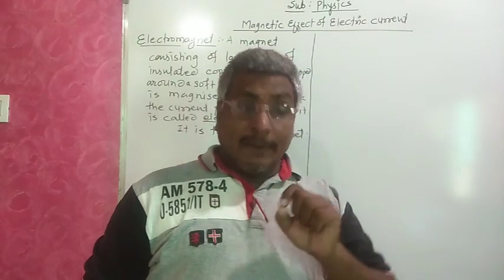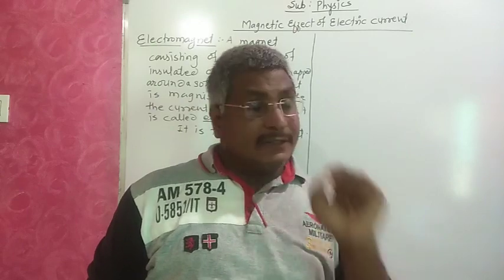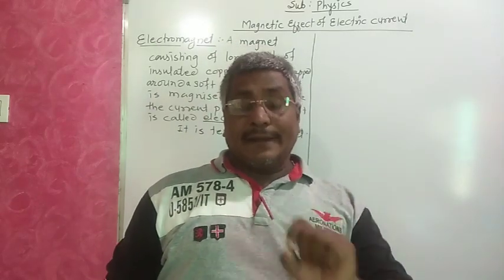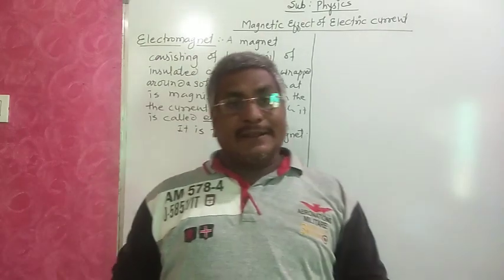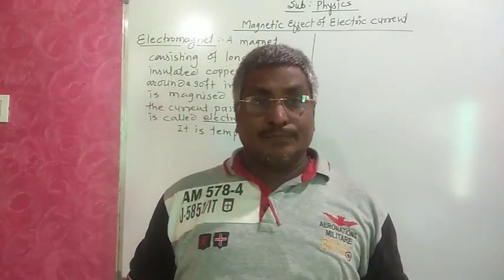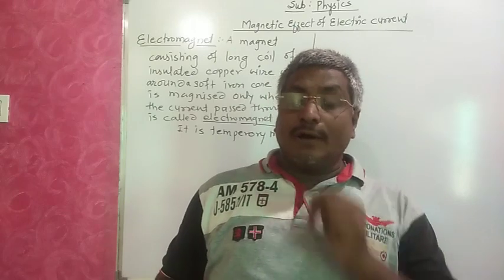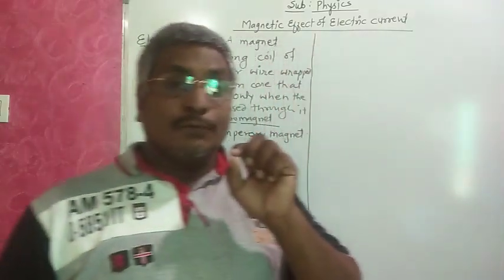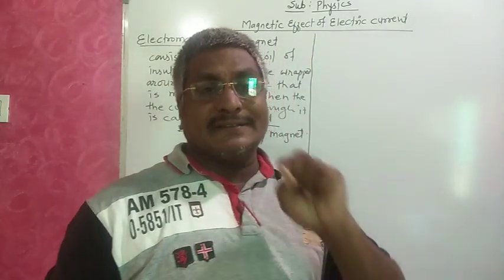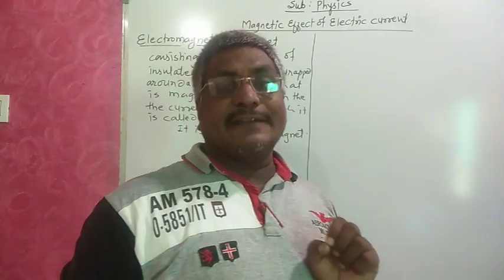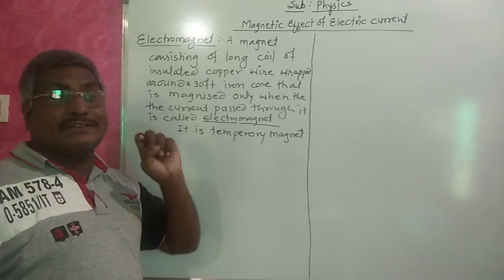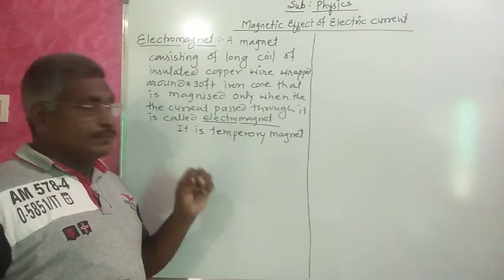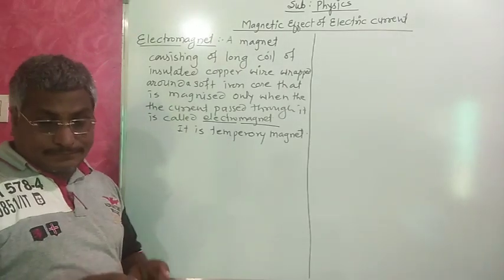When we pass the current, the magnetic field is produced. If we stop the current, the magnetic field vanishes. That's why it is called a temporary magnet. It is not permanent.